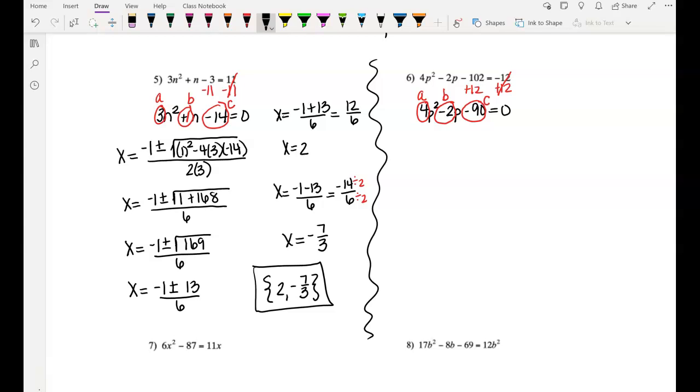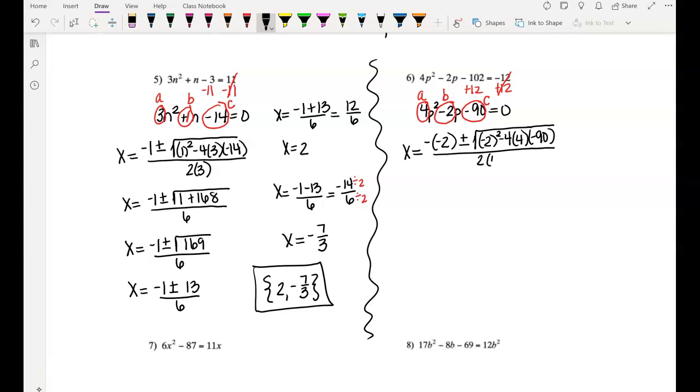So those are the values that I'm going to substitute in. So x equals negative, negative 2. Make sure and account for those negative signs. Plus or minus the square root of negative 2 squared minus 4 times negative 90.